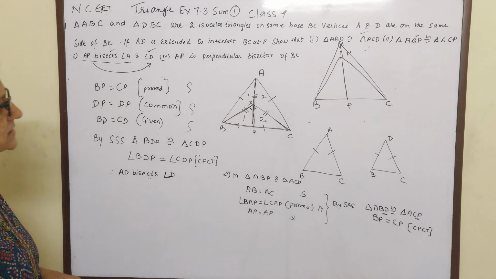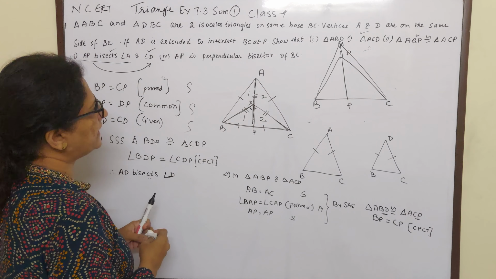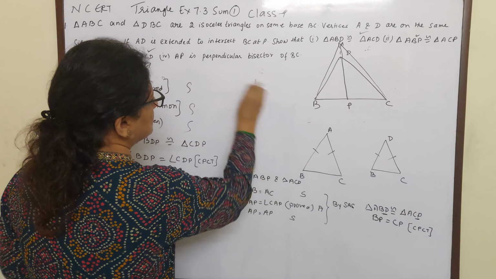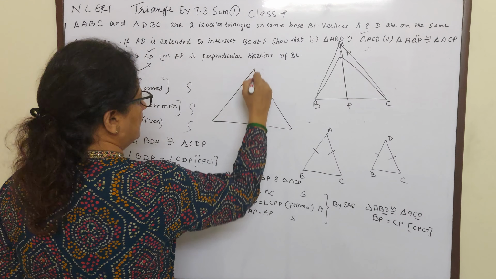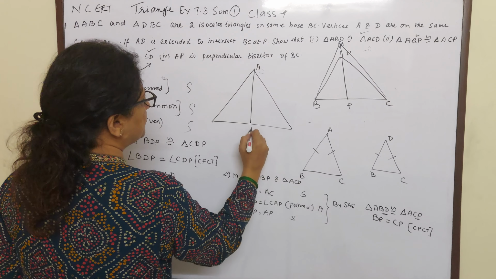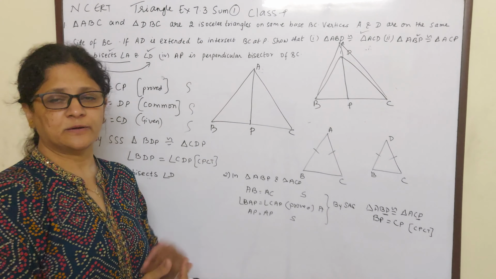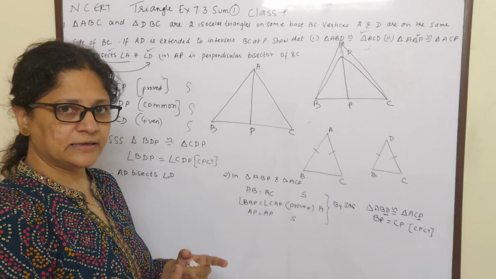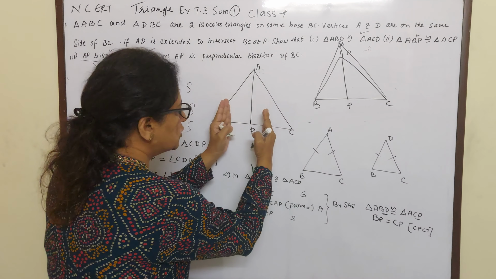Now coming to the last statement, AP is perpendicular bisector of BC. Let me draw this triangle again, children, so that it is easy for you to understand. What is the meaning of perpendicular bisector? Perpendicular means you have to show angle APB is 90 degrees, and that this AP line is cutting BC into two equal halves.